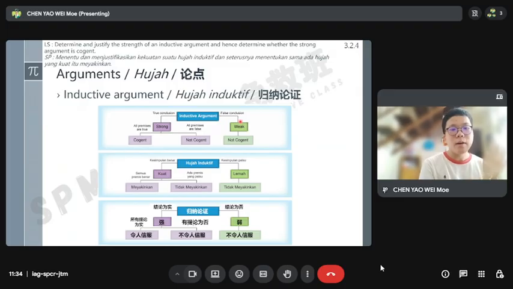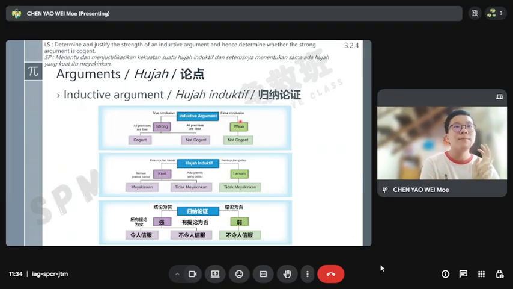If one of the premises does not follow the form, then we can say not valid. But if the conclusion for the inductive is false, then automatically it becomes weak and not cogent.